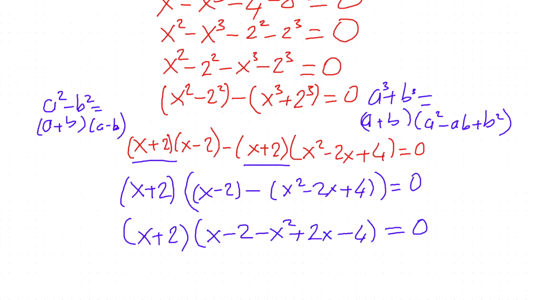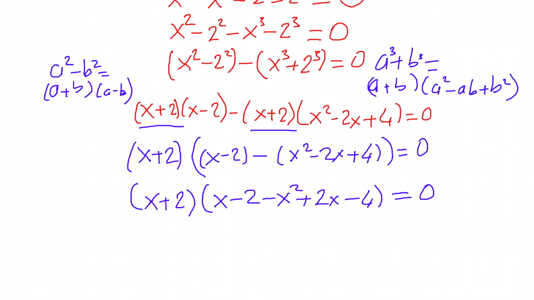Then we continue: x plus 2, and let's combine the terms. Negative x squared, x squared is only by itself. x plus 2x gives us 3x. Negative 2 minus negative 4 gives us negative 6, equal to again 0.